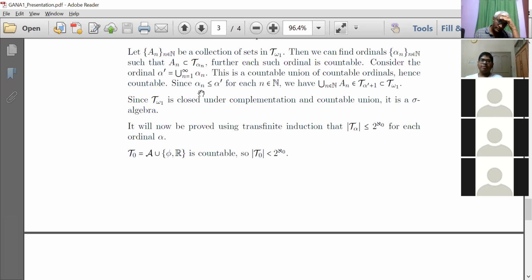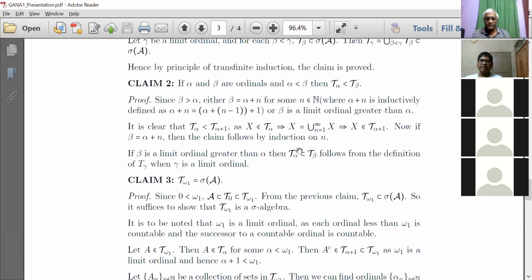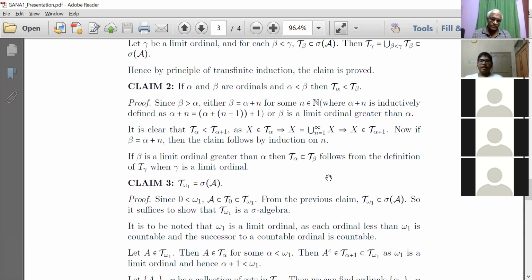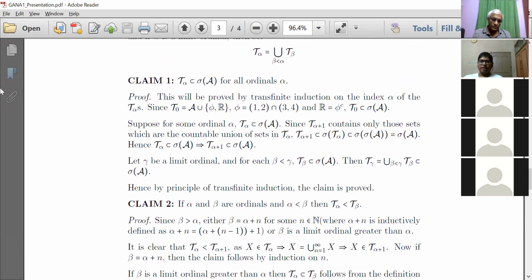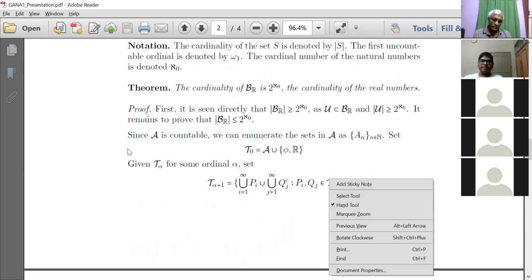Since alpha n is contained in alpha prime, it is less than or equal to alpha prime, since we remarked here that the order in the ordinal is just set membership.